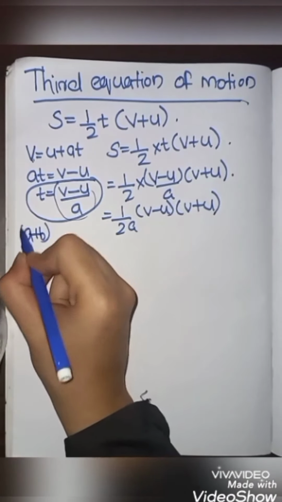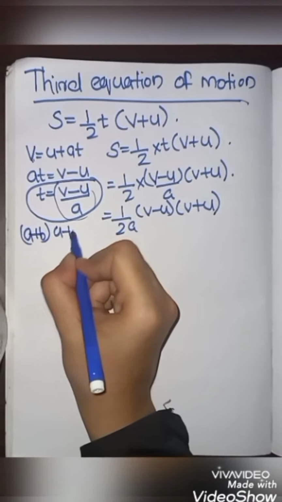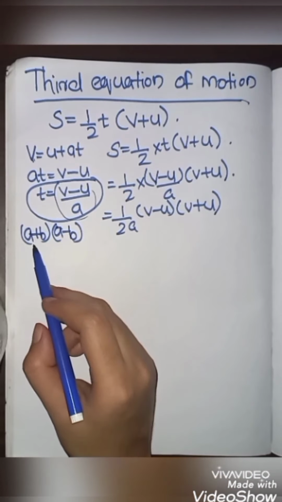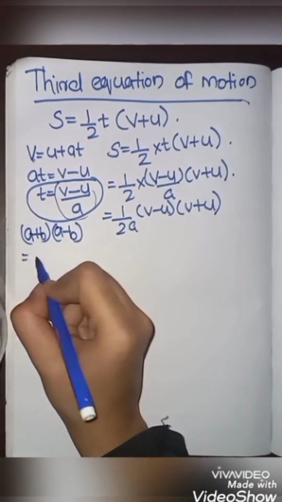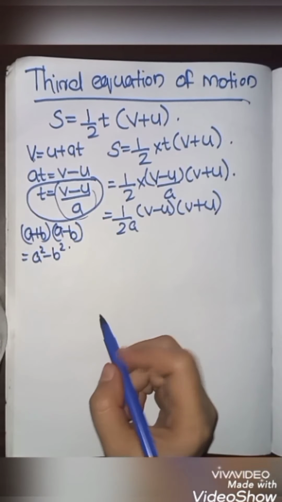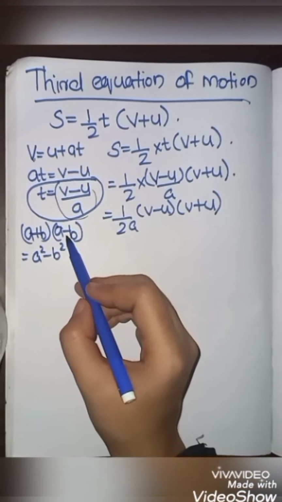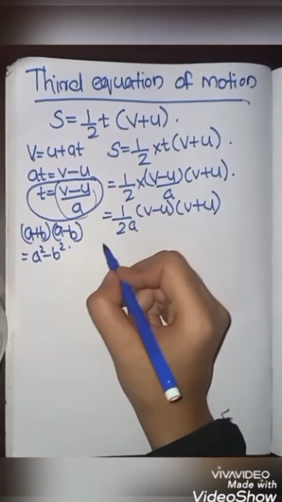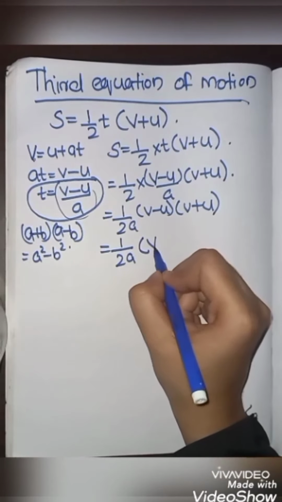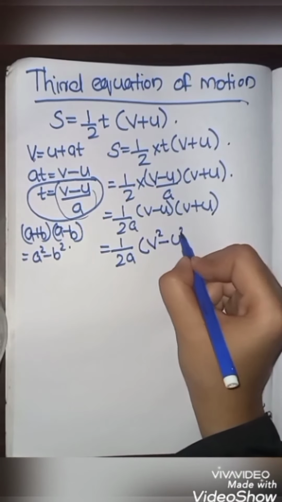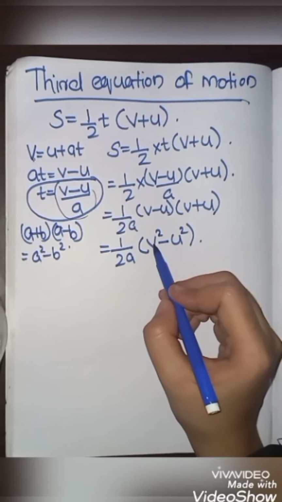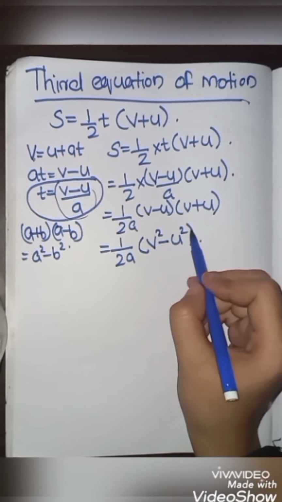In mathematics you have all studied the identity (A plus B) into (A minus B) is equal to A square minus B square. Hope you remember that. In the place of A it is V and in the place of B it is U. So we can write it as 1 by 2A into (V square minus U square).